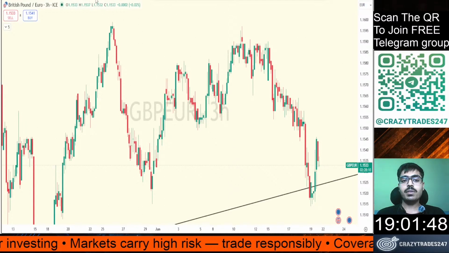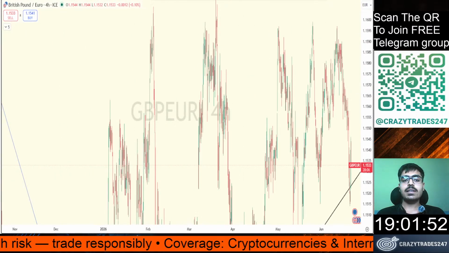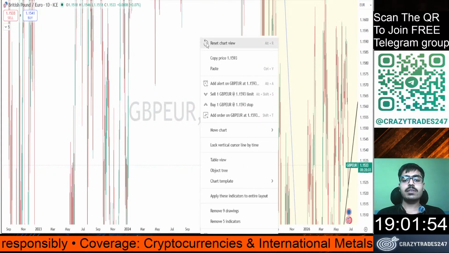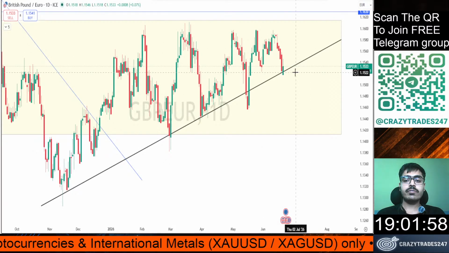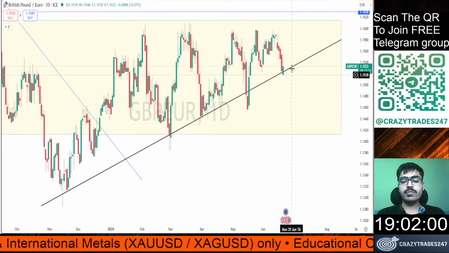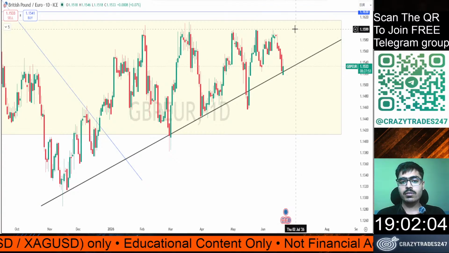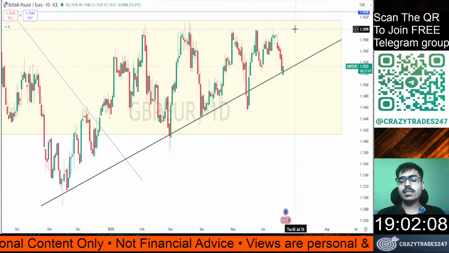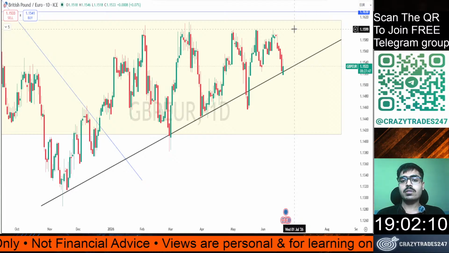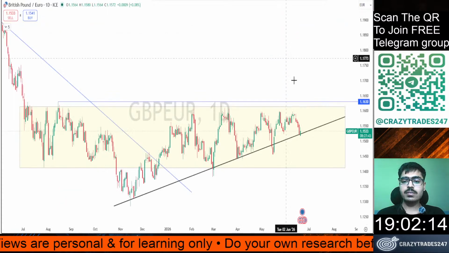Next we have GBP Euro. This is a rising trend line from where it was expected for price to take support, and you can see exactly from this rising trend line, price is finding support. It's expected for price to give an up move till at least 1.16, because this 1.16 is an established resistance.